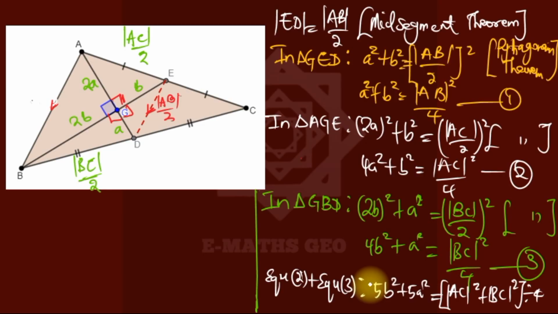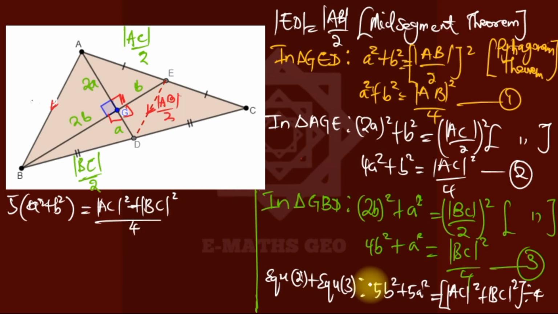Again, we can factor 5 on the left hand side. So I have a squared plus b squared, and we now have AC all squared plus BC all squared over 4.